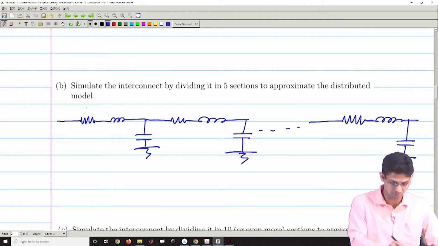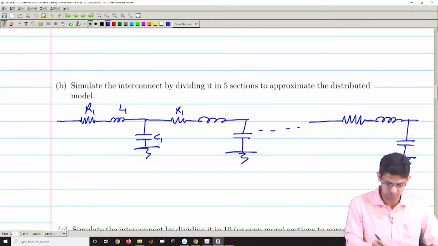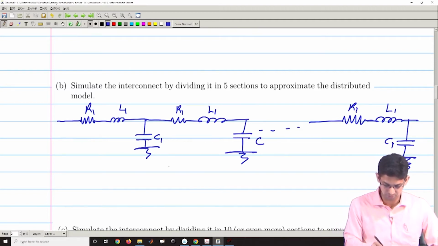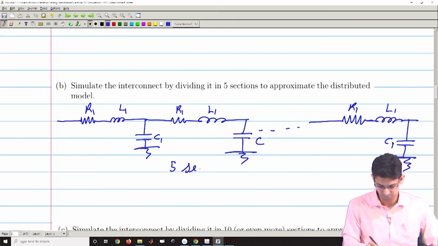Right, and let me call this say R1, L1, C1, R1, L1, C1, L1, C1, and there are 5 segments or sections.